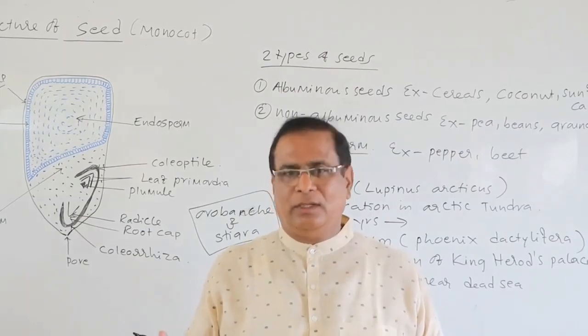That is about seeds. We studied fruits in first year. As we are dealing with reproduction in flowering plants, it is time to know a brief account of fruits also, in which the seeds are there.